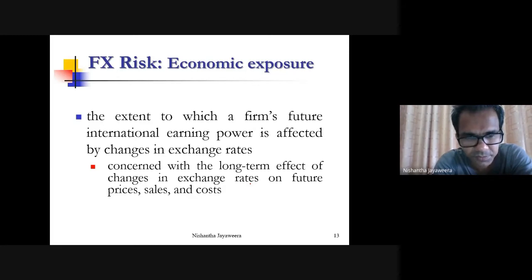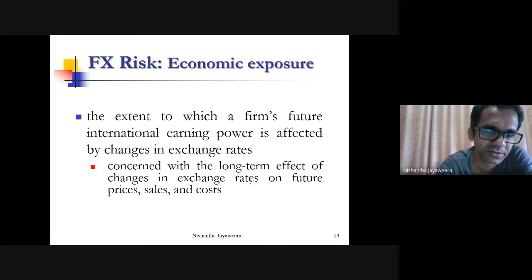But after that, still you have a liability towards your lender in foreign currencies. In your books, you have to report it in local currencies. The foreign currency amount is fixed, but the local currency amount would vary with the exchange rate risk. That is the translation exposure until maturity.